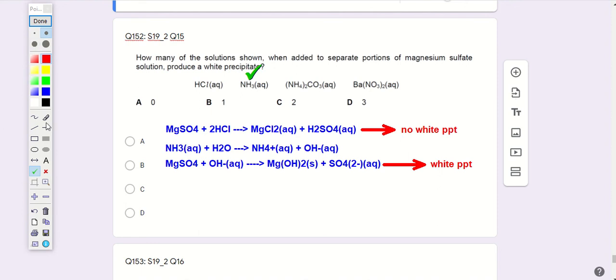Now let's look at the third one. I have ammonium carbonate. Magnesium sulfate with ammonium carbonate: you get magnesium carbonate, which is a precipitate because it's a solid that is not soluble in water, and you get ammonium sulfate.